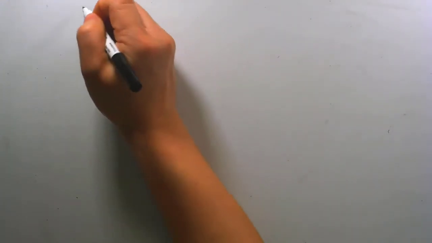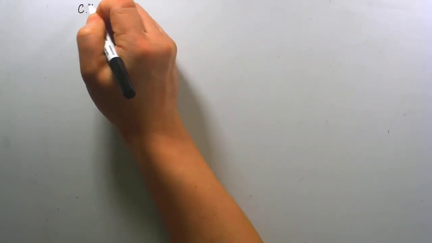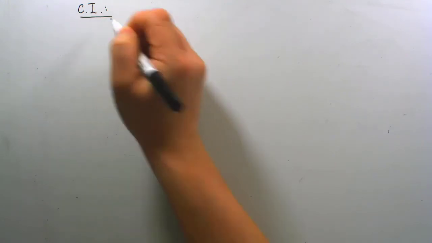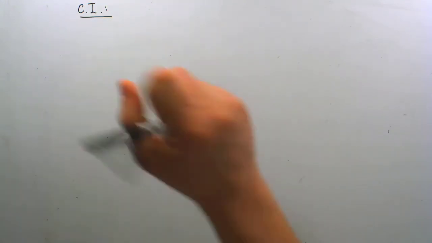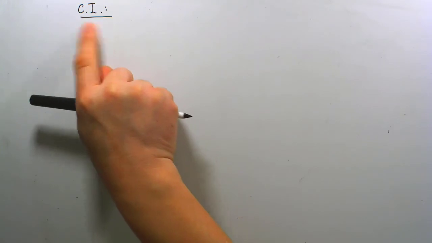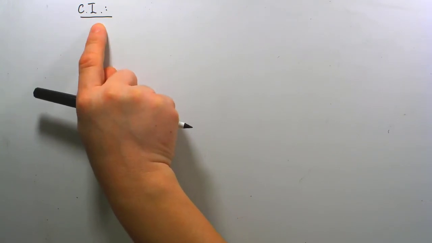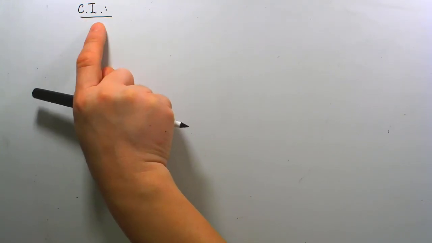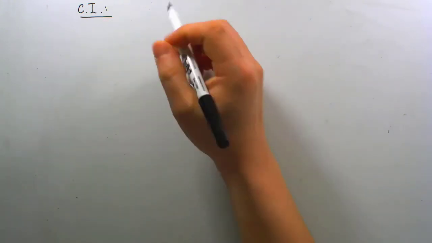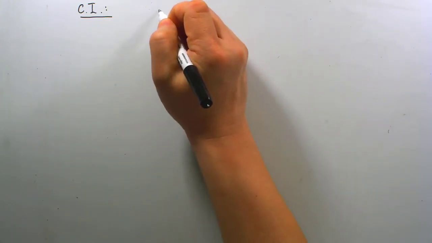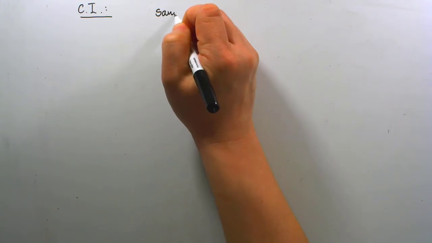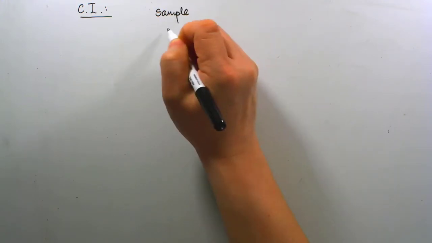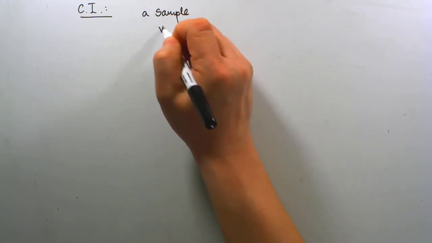For any confidence interval, and again, CI is my shorthand for confidence interval, to find it we have to rely on a sample value. So we must find a sample value.